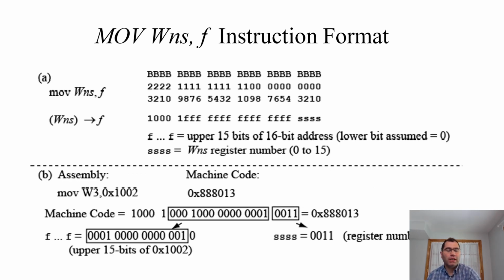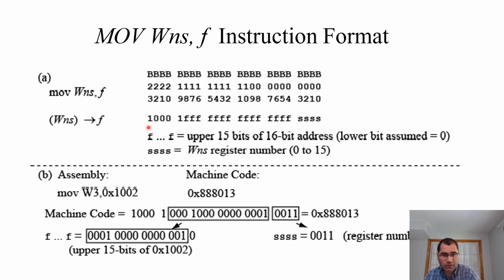Okay, so let's look at how to convert the same assembly instruction from the previous slide into machine code. You can find all this information from the programmer's reference manual, our go-to document for any information about instructions and some other things. This is the format.